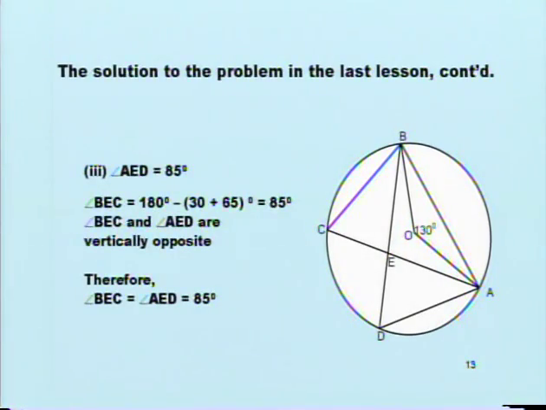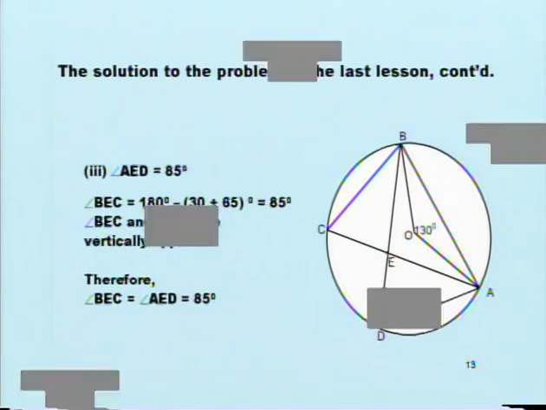The solution to the problem in the last lesson continued here. The third part, angle AED is equal to 85 degrees. How do we arrive at this? Angle BEC is equal to 180 degrees minus 30 plus 65 degrees, which will give us 85.